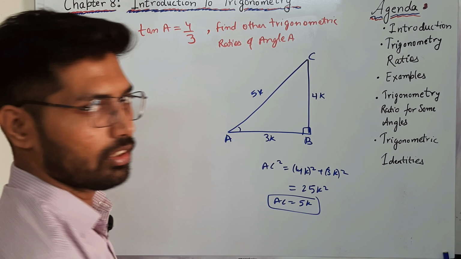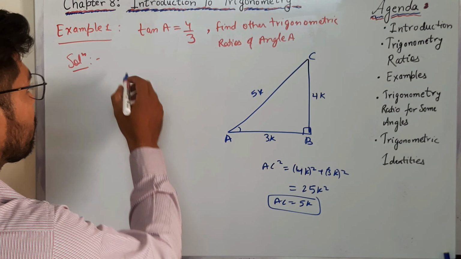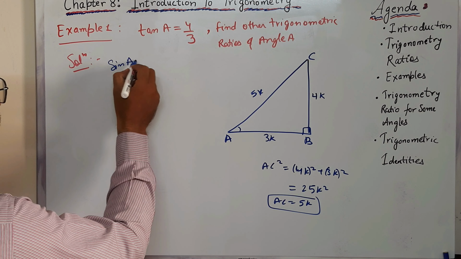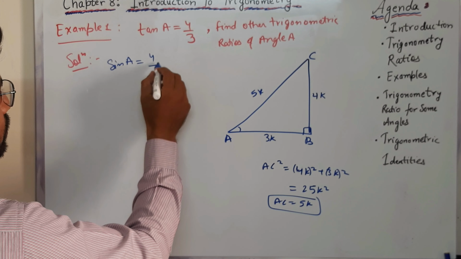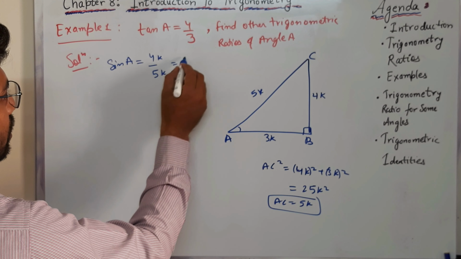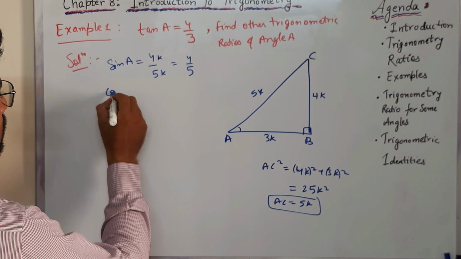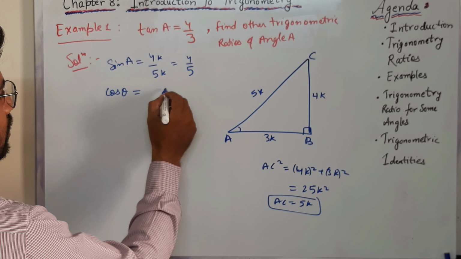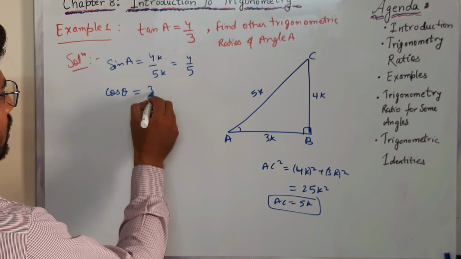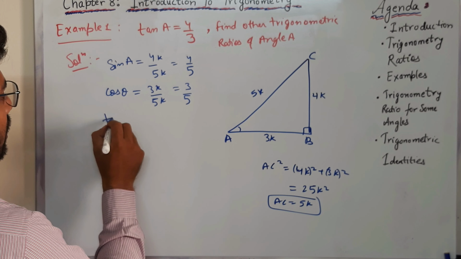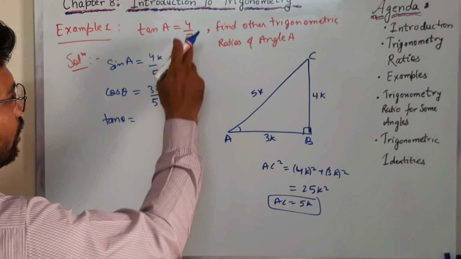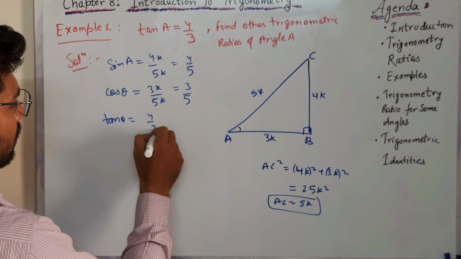Now we can find all the values of the other trigonometric ratios. What is sin A? Sin A is this one upon this one, perpendicular upon hypotenuse, which is 4k/5k, so it is 4/5. Now cos theta is base upon hypotenuse, 3k/5k, so this is 3/5. Tan theta we already did, 4/3.